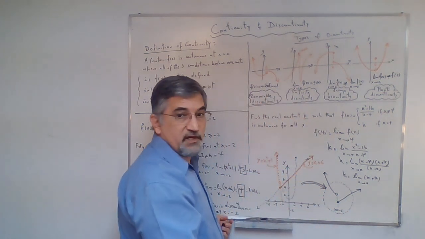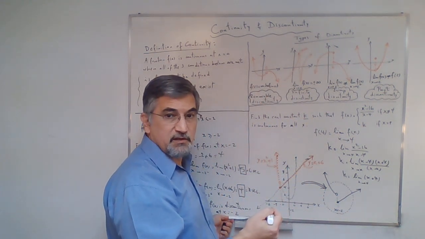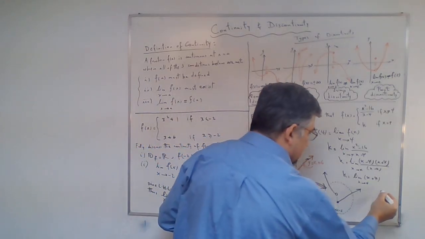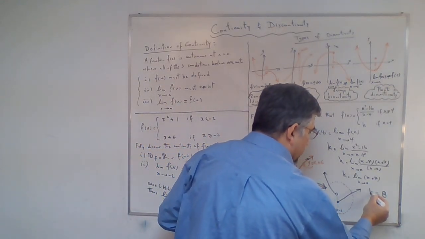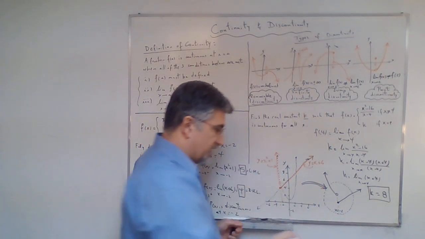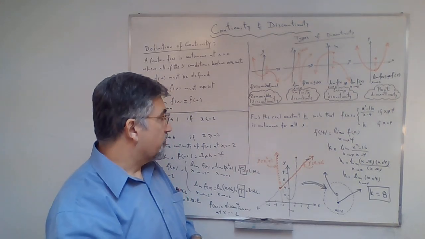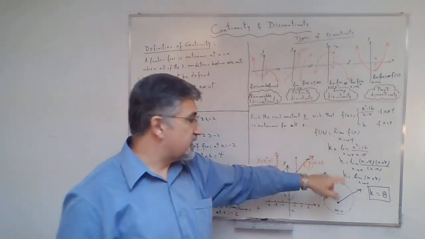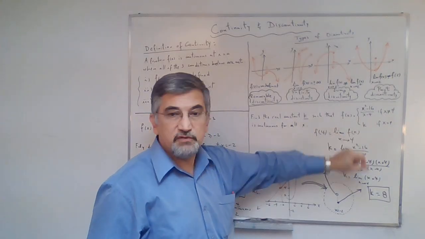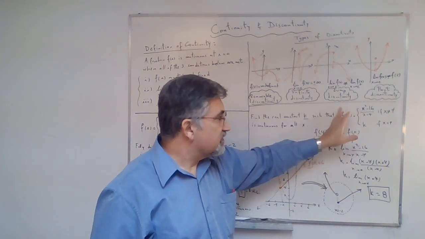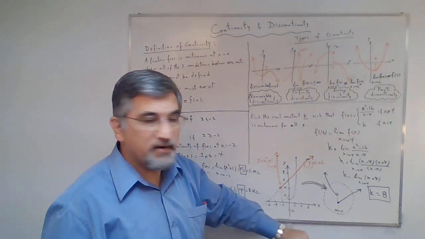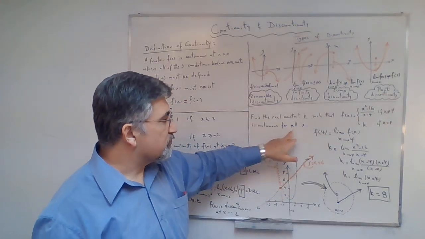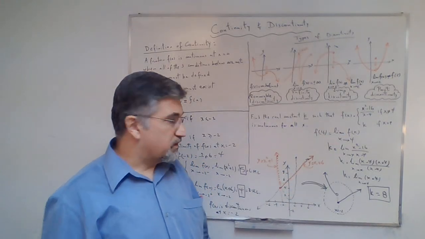The limit of x plus 4 when x approaches 4 by direct substitution is 8. From there, we say k has to be 8. So the value of k, which was the puzzle, we didn't know what k is. Now we know that k must be equal to 8. If k equals 8, then this piecewise defined function f of x will be continuous for all x everywhere, no questions asked.